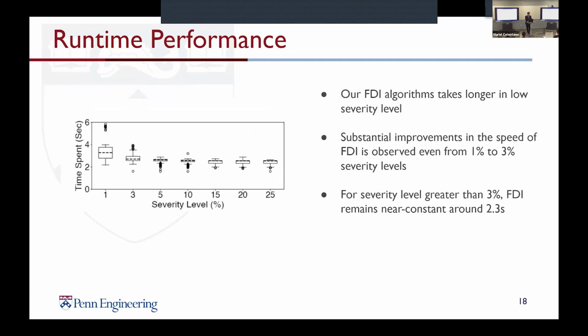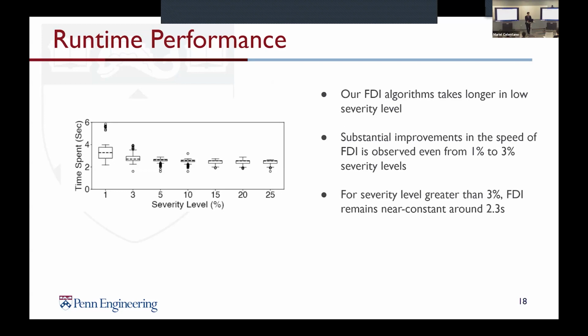And to answer the third question, here is our runtime performance. In this diagram on the left, the y-axis means the time spent in seconds from the time the fault has been injected, which is the ground truth time of the fault existence, to the time we finish our FDIR process.